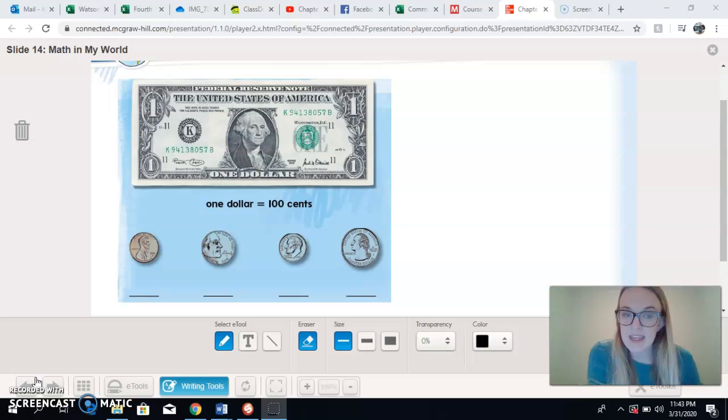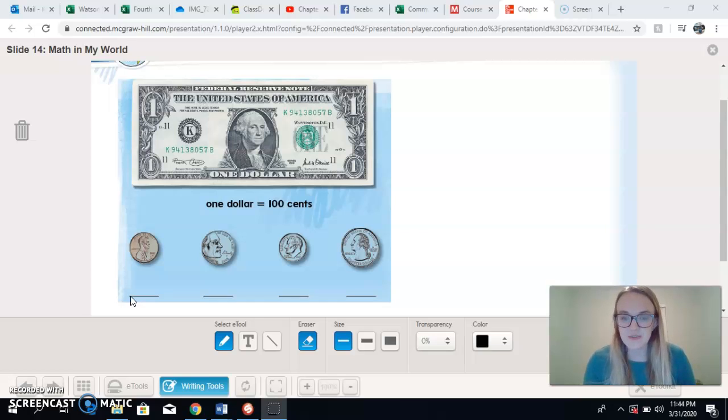So for pennies, we know that pennies equal 1 cent. So if we count 100 pennies, that would be $1. So underneath that penny, if you want to go ahead and write 100 for 100 cents, that would be wonderful.